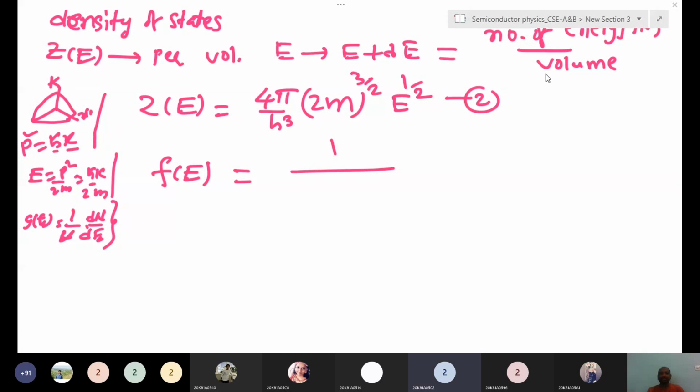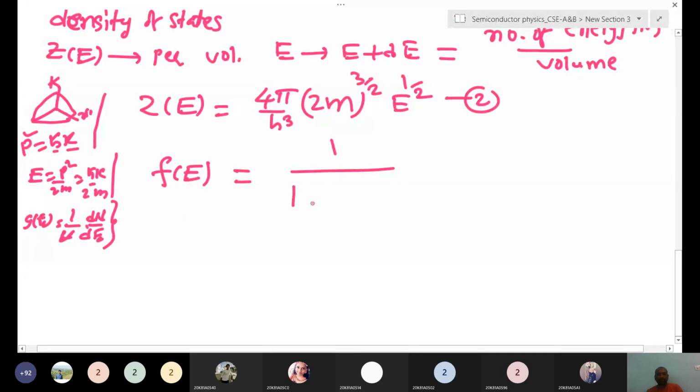If you don't know also, no problem, but just respond. Okay, the Fermi distribution function is 1 by 1 plus exponential of (E minus EF) by KT. This is the Fermi distribution function.